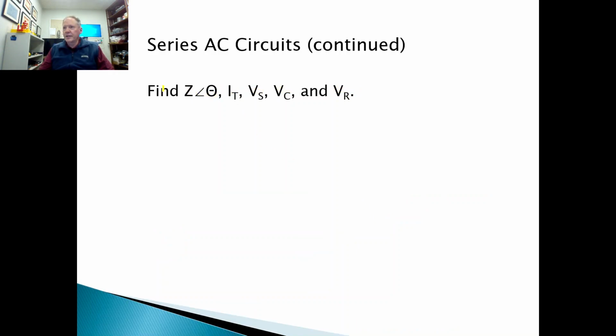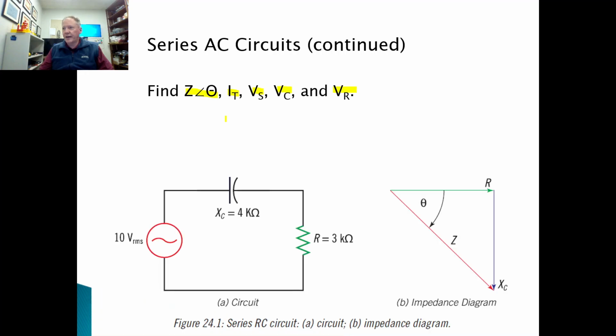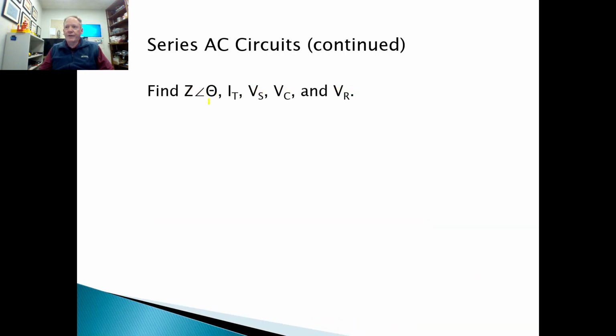All right, so here's the circuit that we have, and now we want to find the total impedance, the angle theta, the total current, the voltage source, the voltage across the capacitor, and the voltage across the resistor.